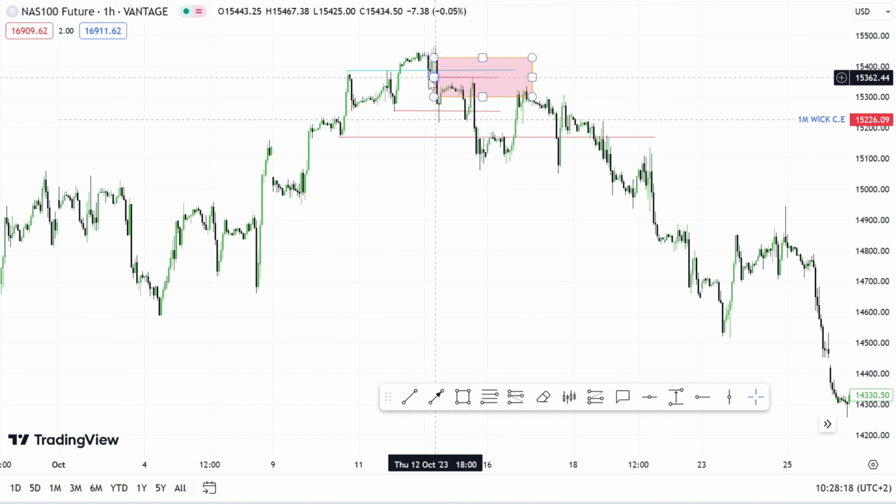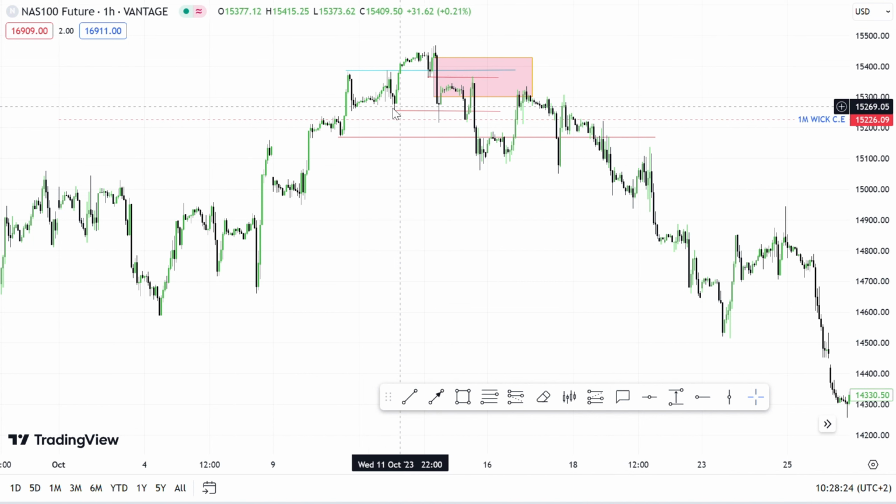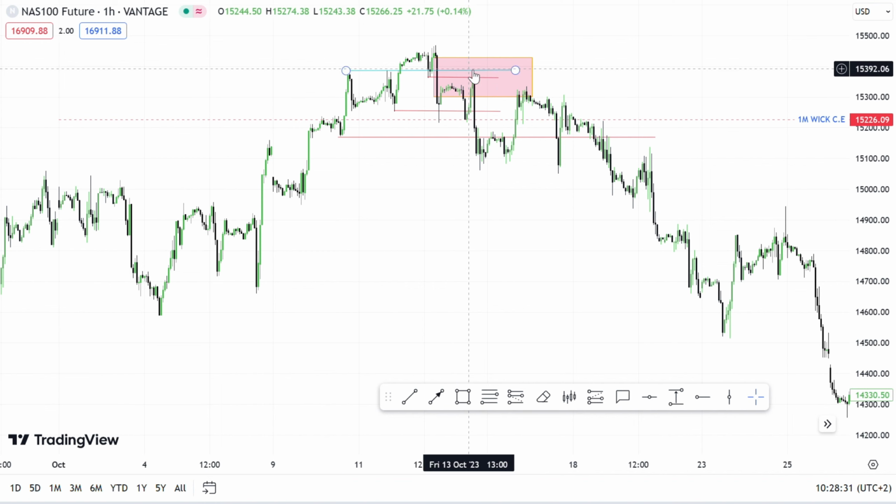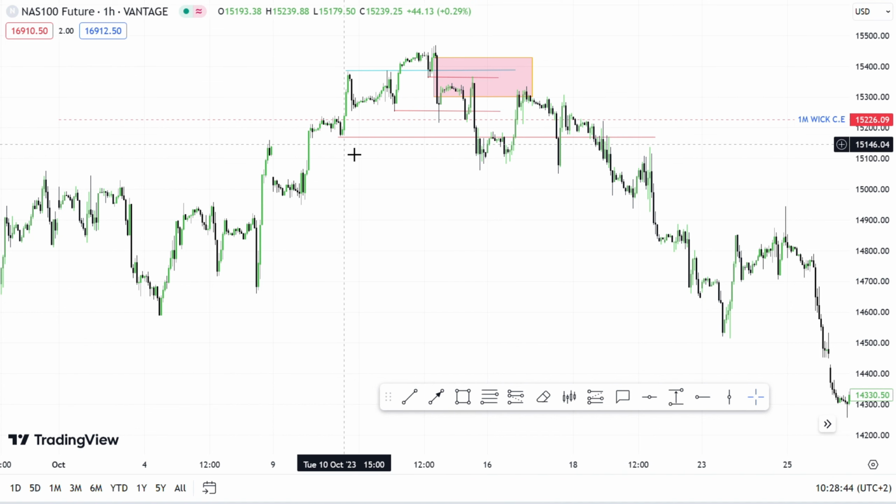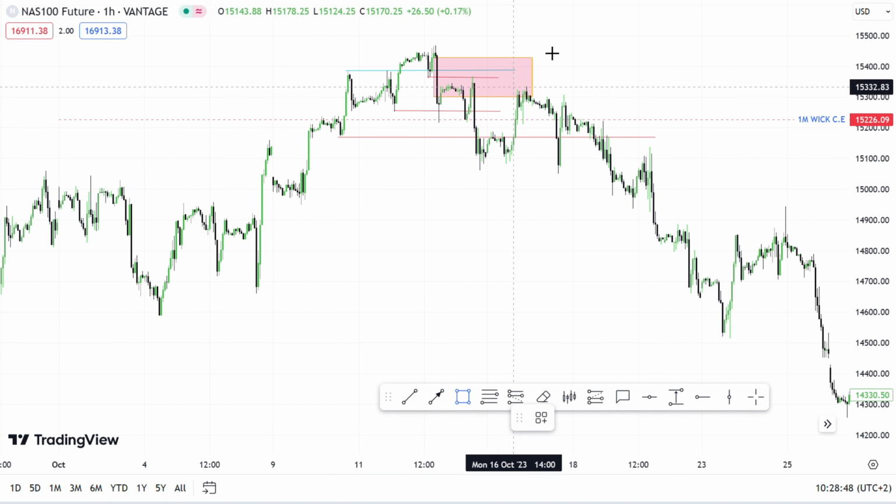After taking this one to be more specific, we confirm the sell model. And boom, you get your entry right here, at 50% of this fair value gap. You'll see it turns off there. And boom, we sold.